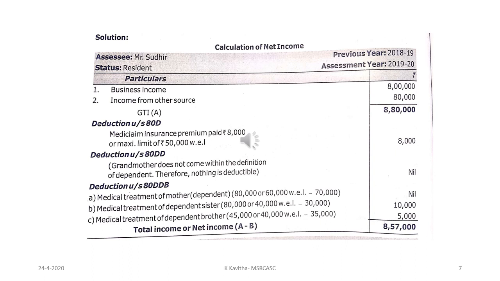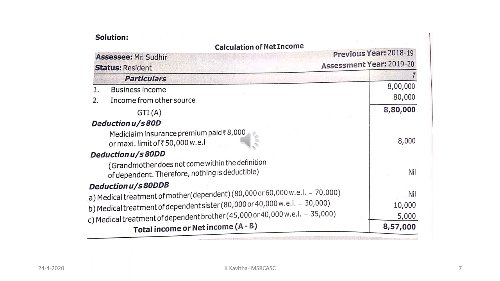So according to 80DDB, the assessee can claim up to 60,000 rupees for his dependent parents. 60,000 is the maximum limit he can claim, or 80,000 what he has spent for the treatment. But the insurance company has given you only 70,000. So whatever you have spent, your eligibility is only 60,000. So you can't claim more than 60,000, though you have received 70,000 from the insurance company.